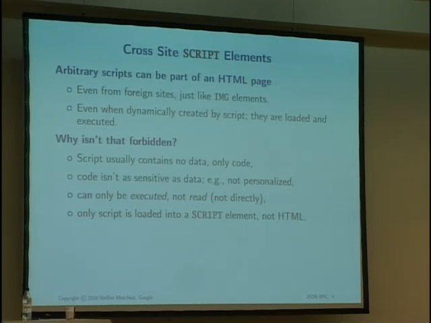So just an element with an external reference that pulls some content into the page when the page is loaded. However, it does obviously way more than the usual IMG element would do. The other noteworthy observation is that the script elements that pull in script from other websites can not only be part of the HTML page when it is loaded, but they can also be created dynamically by the script when it runs in the HTML page.